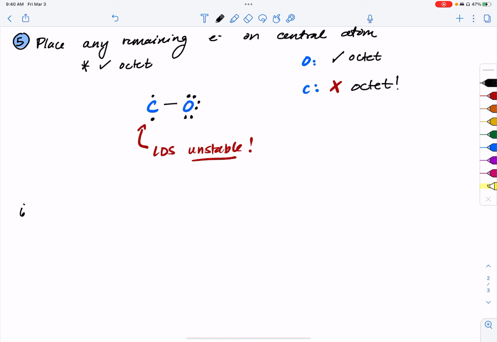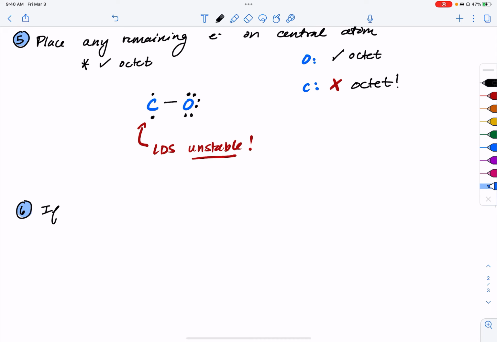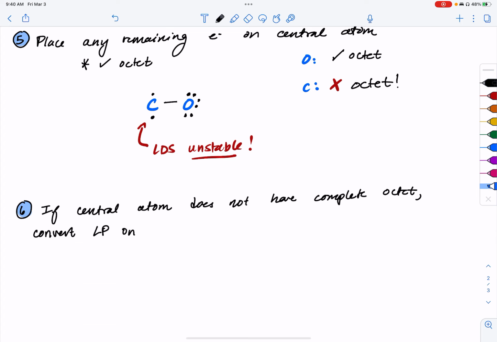So what can I now do? So step 6. If the central atom does not have a complete octet after the following step, convert a lone pair on one of your terminal atoms to a bonding pair on the central atom.